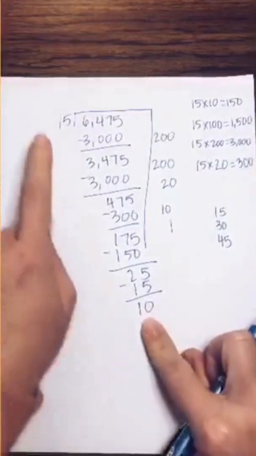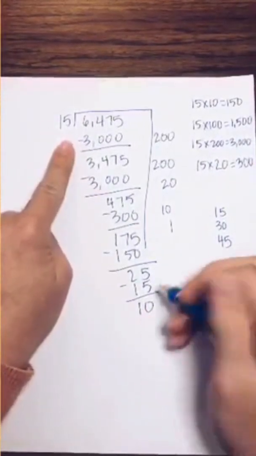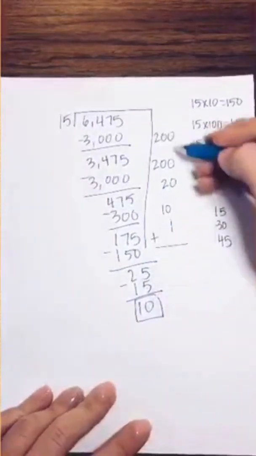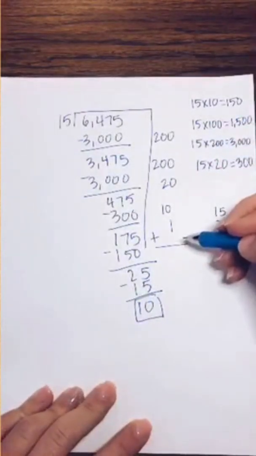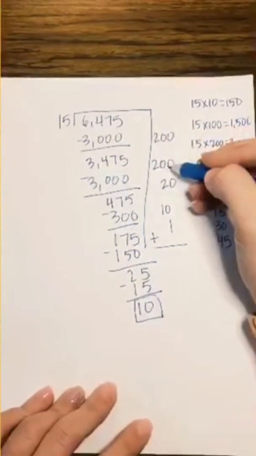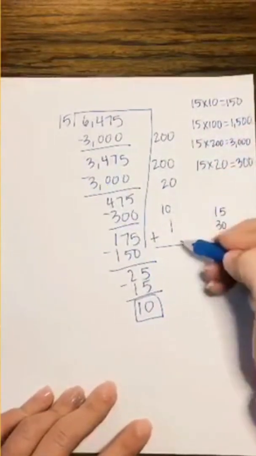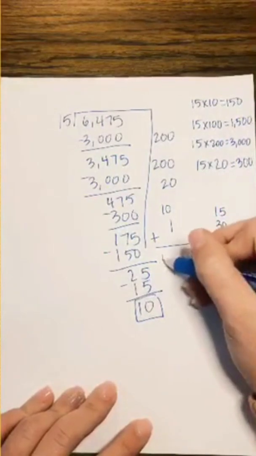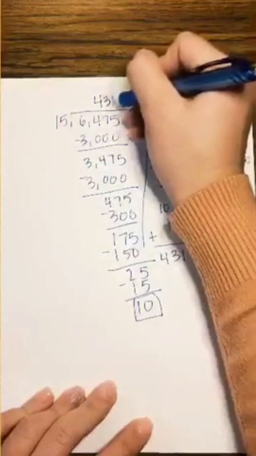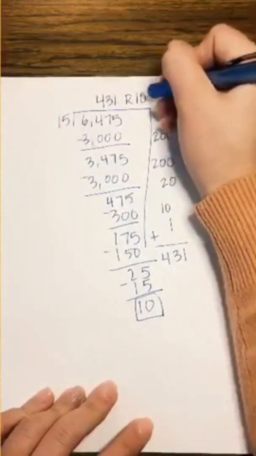Now 10 is less than 15, so that means 10 is going to be my remainder. But I need to come over here and add my partial quotients together to get my answer. When I add 200, 200, 20, 10, and 1, I get 431. So I'm going to write that up here, 431 with a remainder of 10.